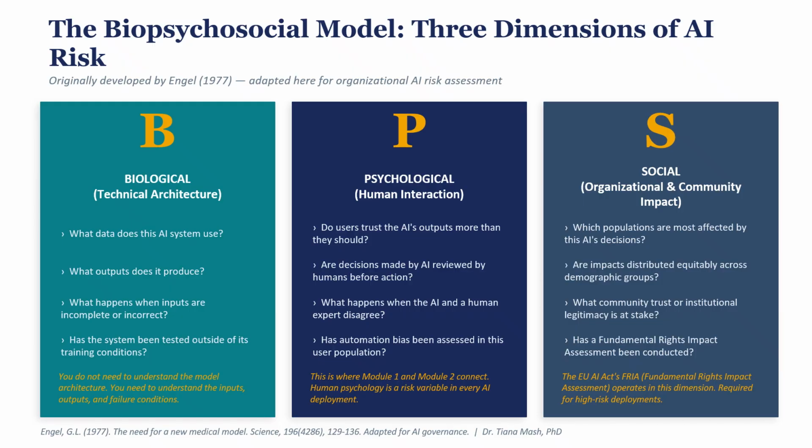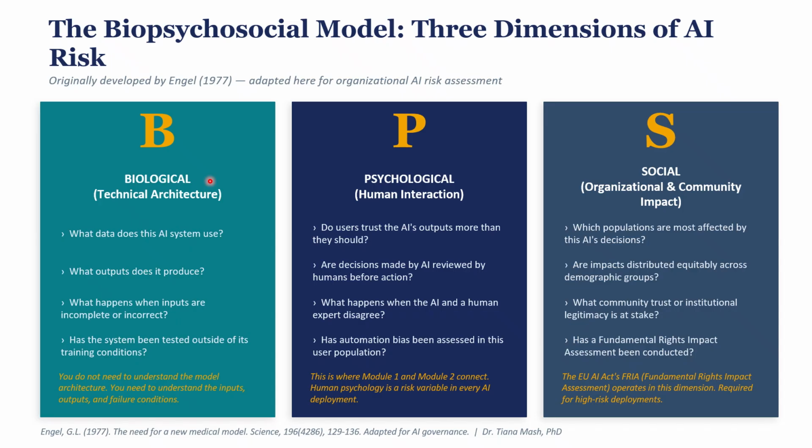The biopsychosocial model adapts for AI risk assessment, which gives us 3 dimensions to evaluate and a set of specific questions for each one. The dimension B, the biological aspect, in AI governance maps to the technical architecture of the system. What data does it use, what does it use the data for, what does the output produce, what happens when the inputs are wrong or incomplete, and has the system been tested in conditions outside of its training environment?